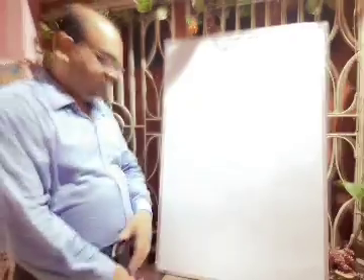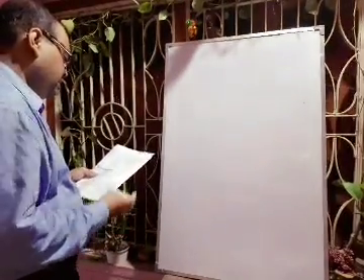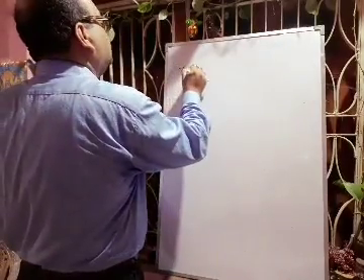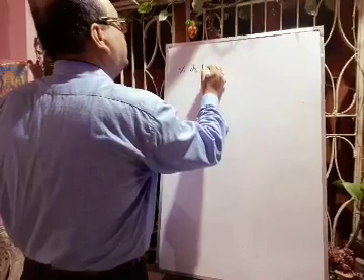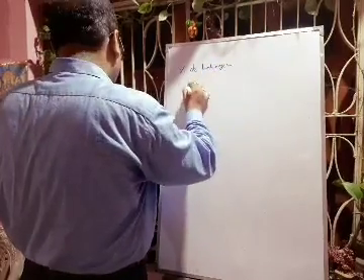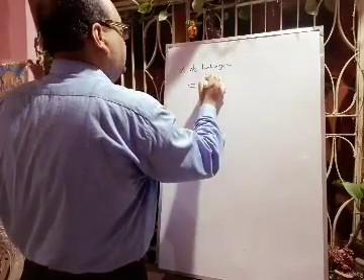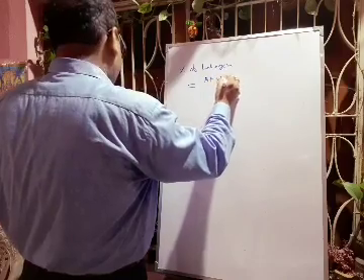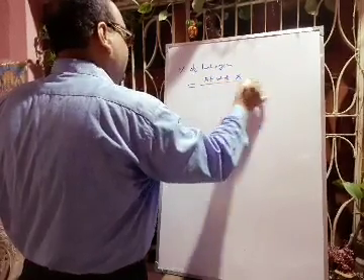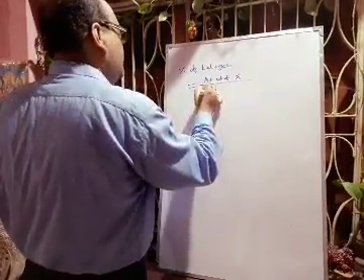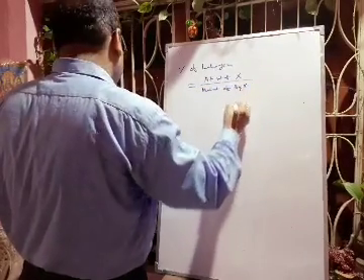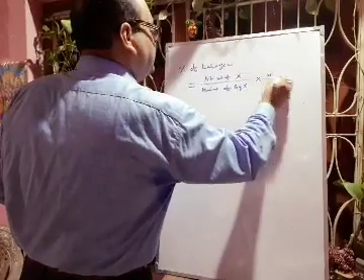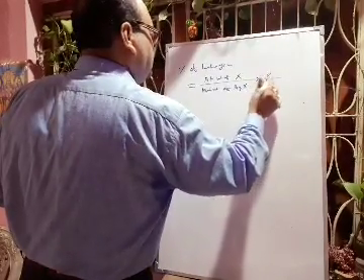Now what will be the percentage of halogen? I am telling you the formula, and this is called Carius method. Percentage of halogen will be equal to the atomic weight of halogen divided by the molecular weight of silver halide, into x by w, into 100.